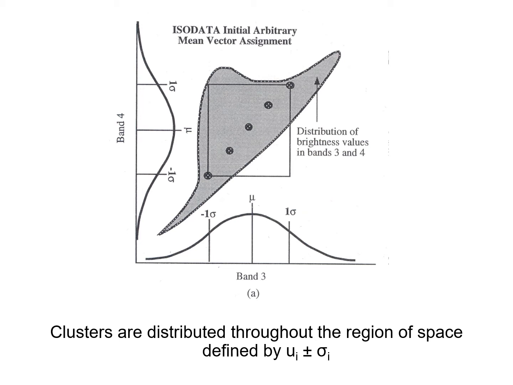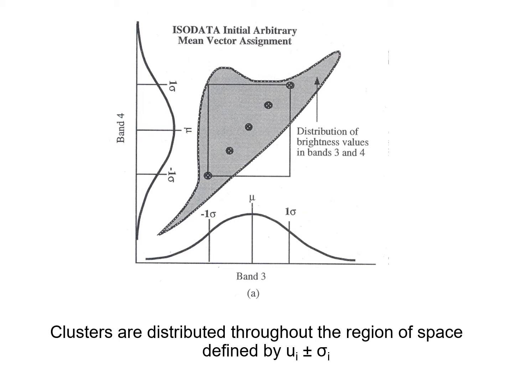So 66% of the data will be included within plus or minus 1 standard deviation. And we're just going to lay out points evenly between -1 and +1 standard deviation from the mean. And we're going to do that for each one of the bands.